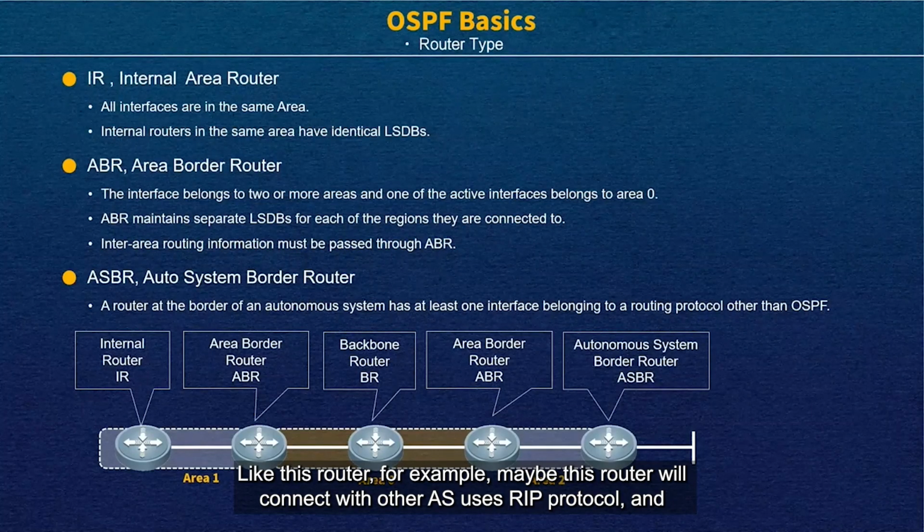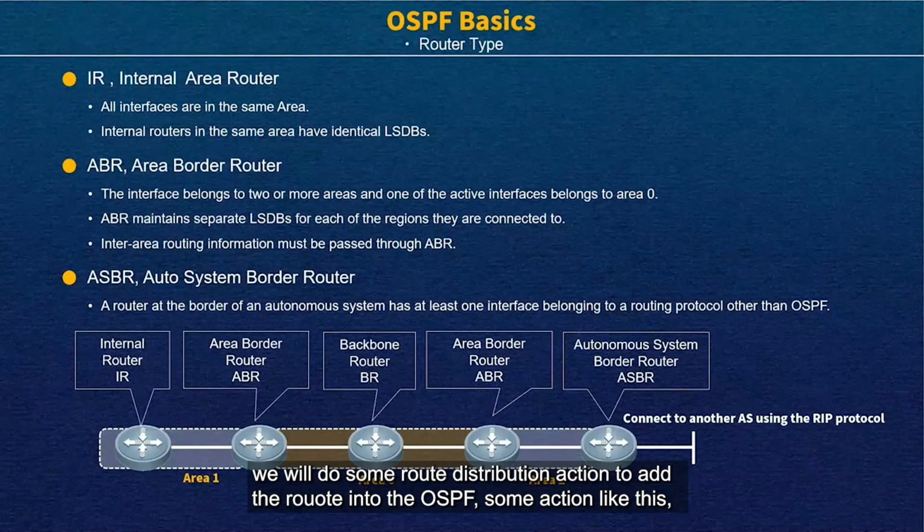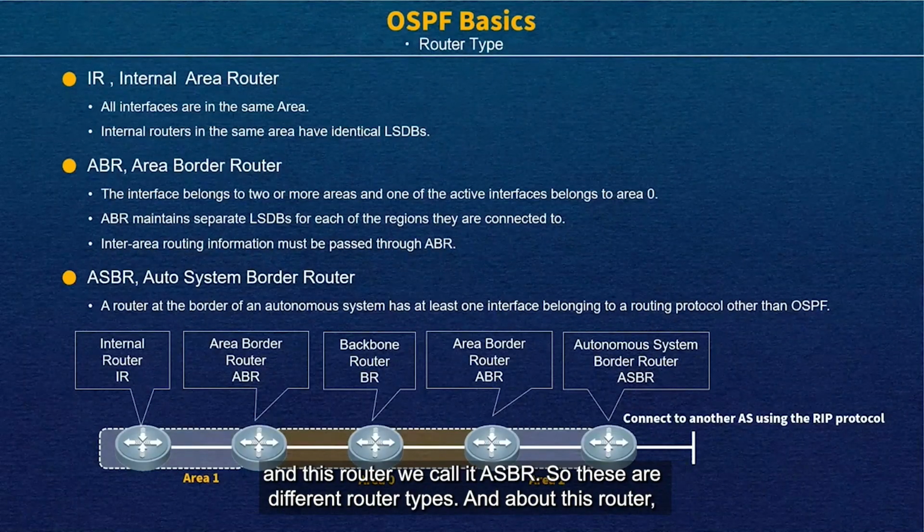For example, maybe this router will connect with another AS that uses the RIP protocol, and we will do some route redistribution to add the routes into OSPF, some action like this. And this router we call an ASBR. So these are the different router types.